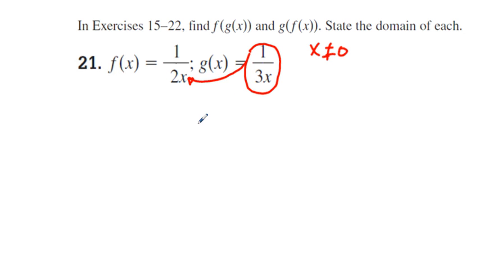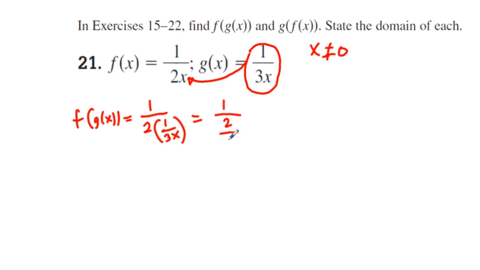So f of g of x is going to be equal to 1 over 2 over 3x, which is equal to 1 divided by 2 over 3x.